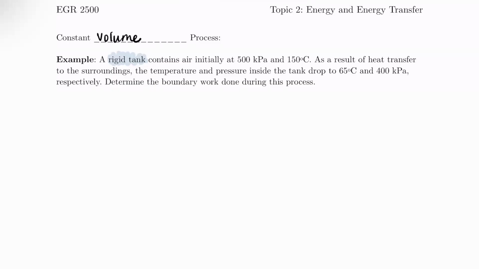So let's draw a picture first. So here's our air tank. And then we're going to draw our control system here, right along the boundary of the tank. And it's air in here. And we're already told that heat is being transferred to the surroundings.